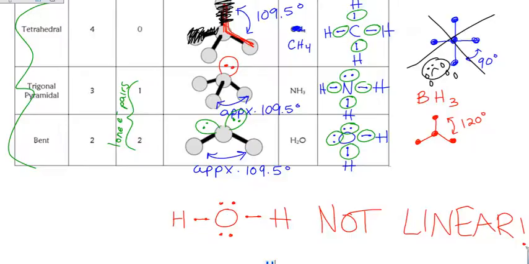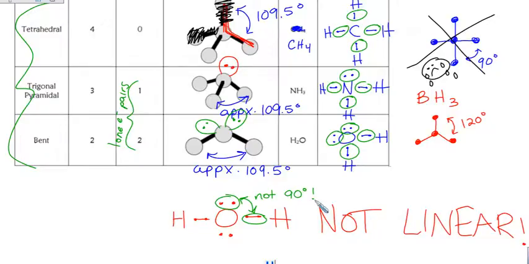But in real life, these angles are not 90 degrees. Like from this electron group to this electron group, that's not a 90-degree angle. On paper, we draw it kind of looking like 90 just for the sake of drawing it. You don't have to draw it in perspective. But that's not a 90-degree angle in real life.